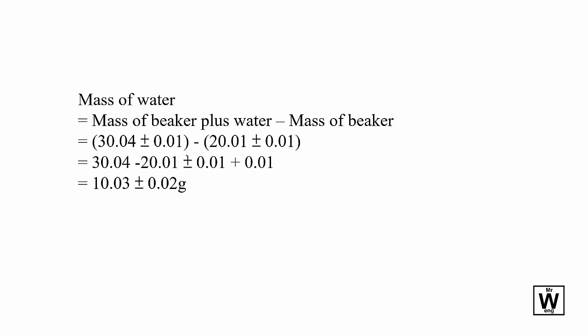So here we have mass of water, so the first one was plus or minus 0.01. And these are in grams, and so this is just plus or minus, so we add the absolute uncertainties together, and so this is what we have for our final mass, is plus or minus 0.02.